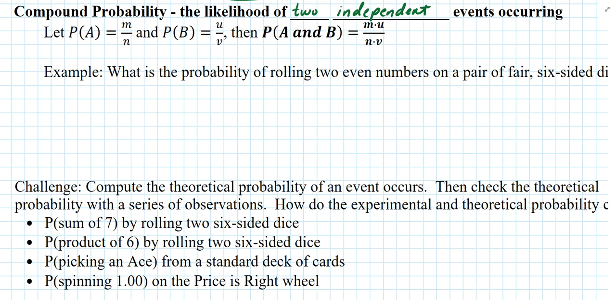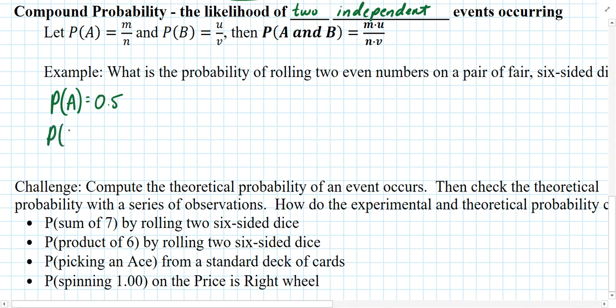We can answer the question, what is the probability of rolling two even numbers on a pair of fair six-sided dice? Say the probability of event A is the probability that the first roll is an even number, 0.5. And say event B is the probability that the second roll is an even number, 0.5.